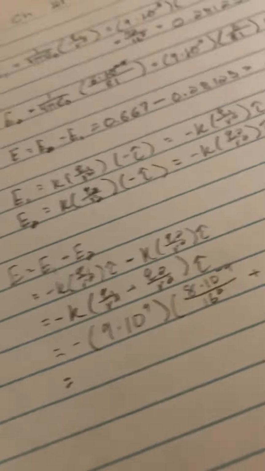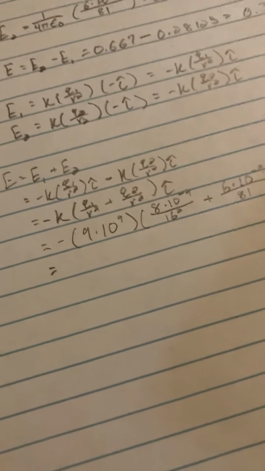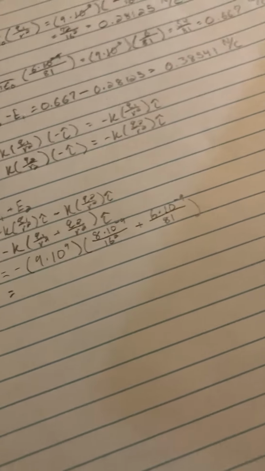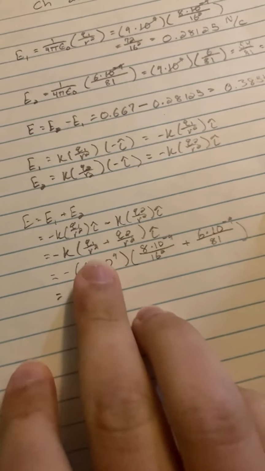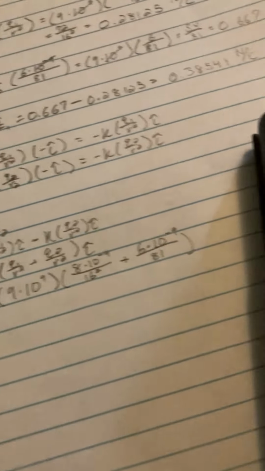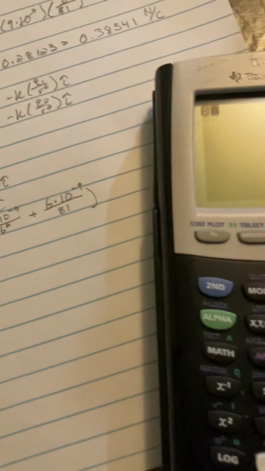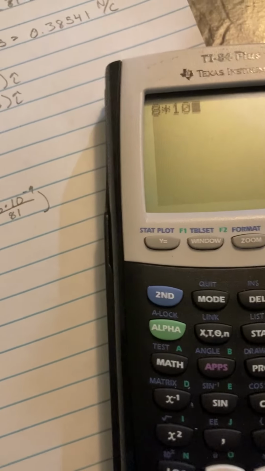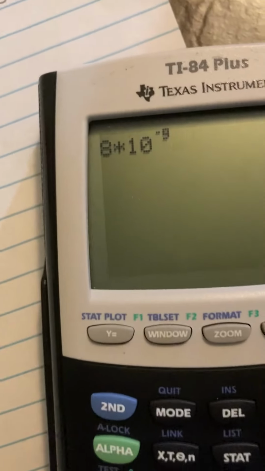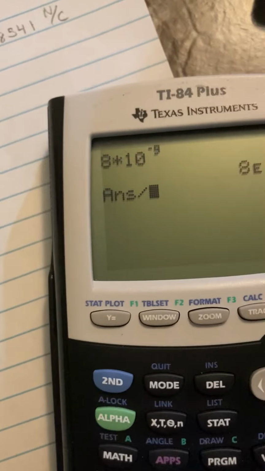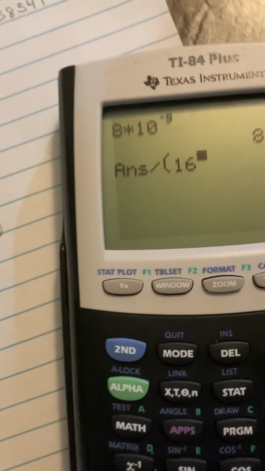We're just going to plug this into the calculator here. Ignoring our K value for a second, we're going to focus on what's in here. So we're going to have 8 times 10 to the negative 9, enter, divided by 16 squared.